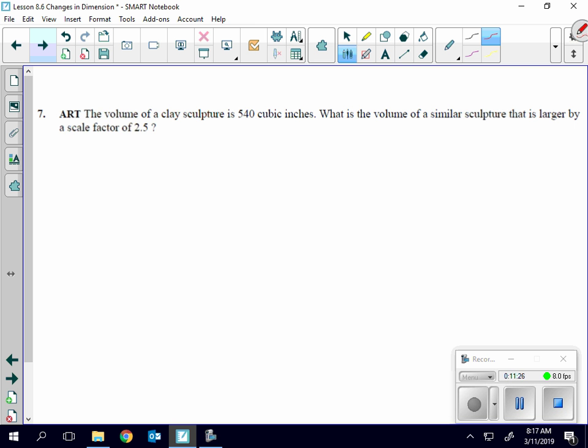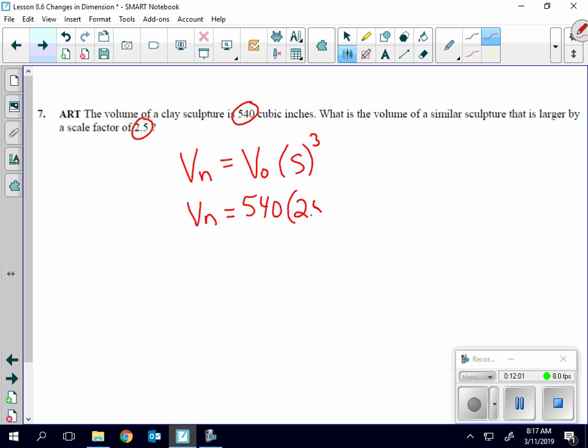All right, number 7. The volume of a clay sculpture is 540 cubic inches. What is the volume of a similar sculpture that is larger by a factor of 2.5? The new volume is the original volume times the scale factor to the third power. So we've got original volume, 540, times that scale factor of 2.5.